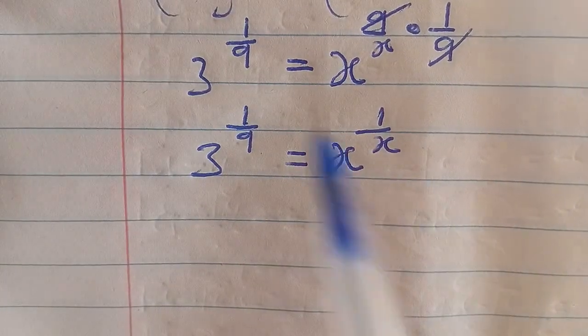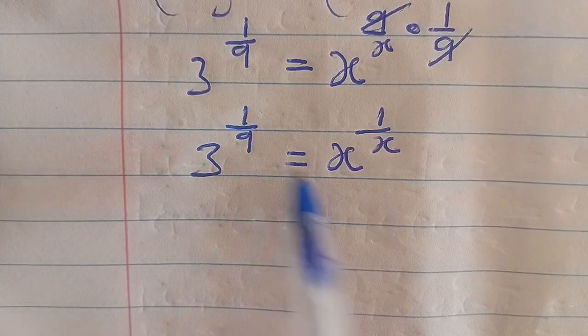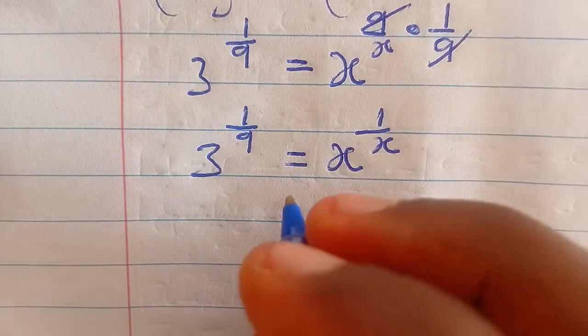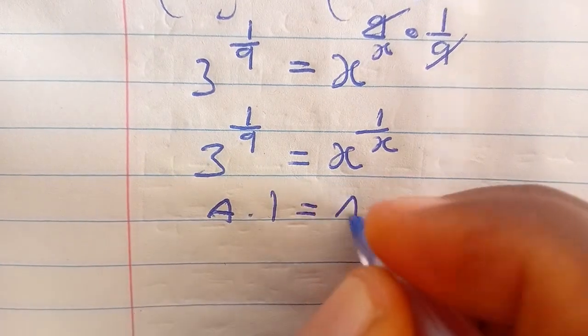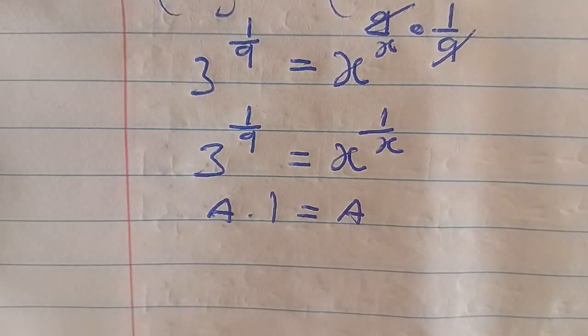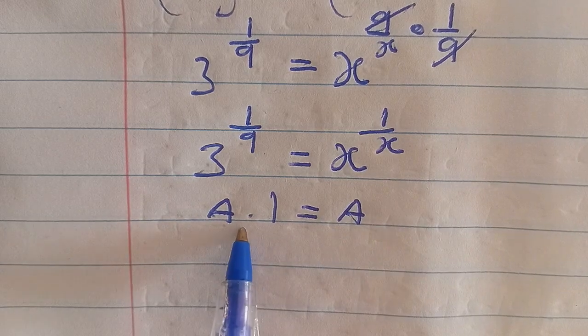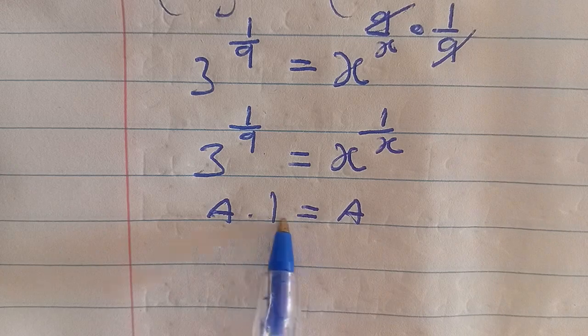All right. Now we have to manipulate this part of the equation so that we can compare it to this. We know that a times 1 is still a. In other words, when you multiply a by 1, you still get a. So in place of a by 1, you can write a, and in place of a, you can write a by 1.